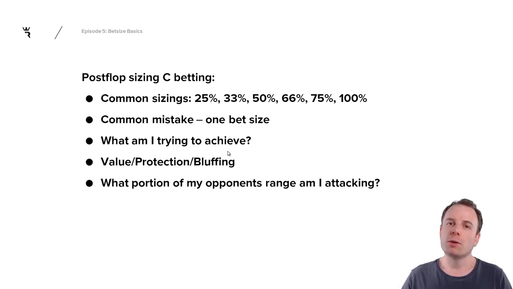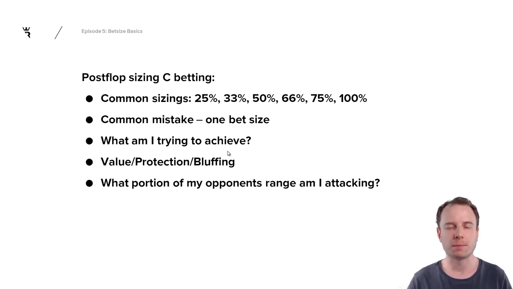Finally, you always want to be thinking about your opponent's range and what part of it you're attacking. So, say you have the nuts, you want to be thinking, what hands does your opponent have that he can call with? And how often is he going to call those for each bet size?